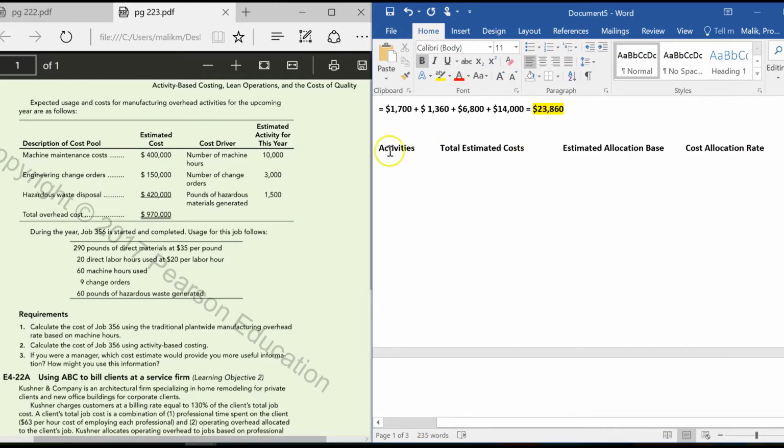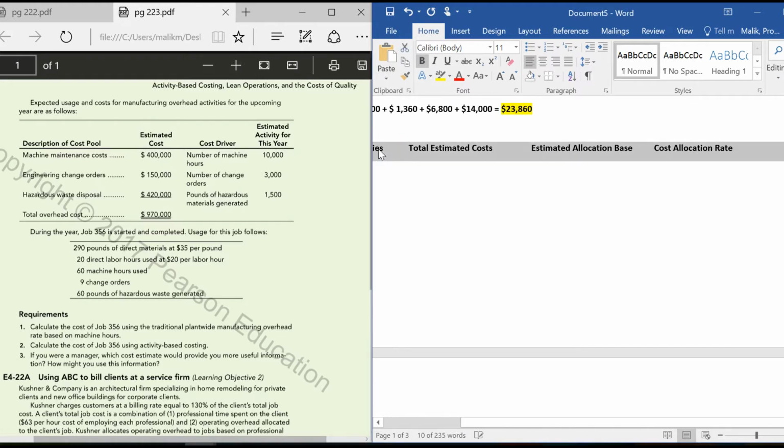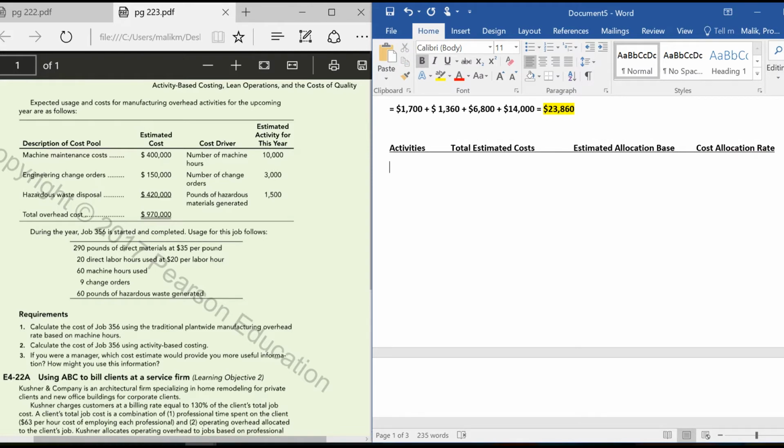So this is our little mini table, and these are the headlines, and then we will figure out every activity.